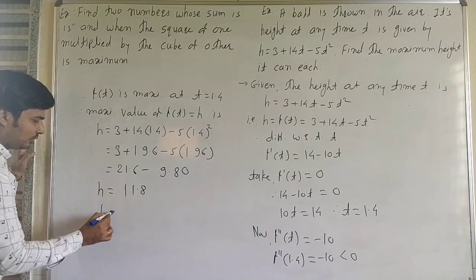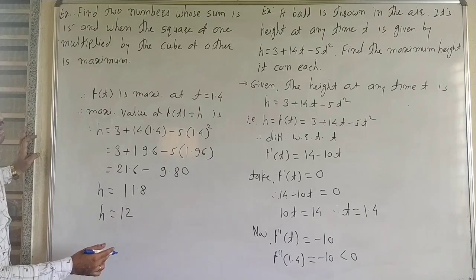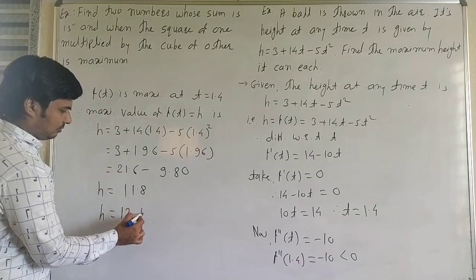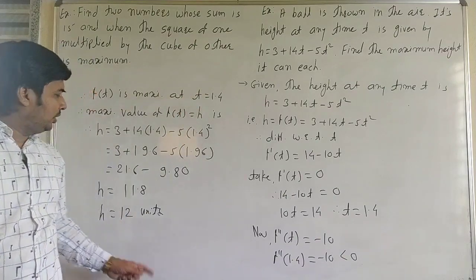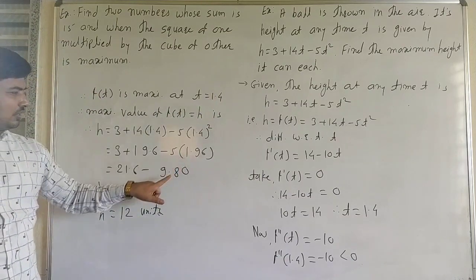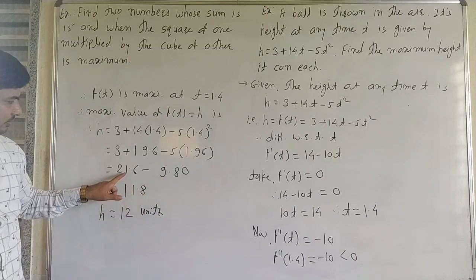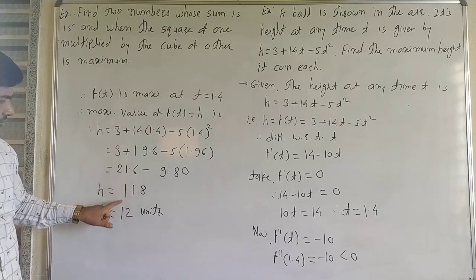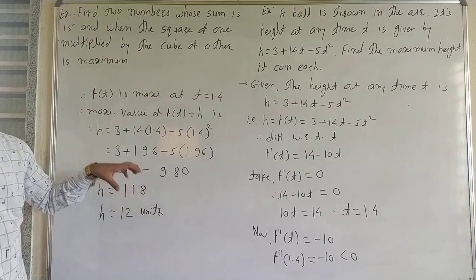Therefore h is approximately 12. The unit is not given, it is 12 units. Okay, h is equal to 12 units at t equal to 1.4. Check the calculation properly. It is 12 units, the maximum height.